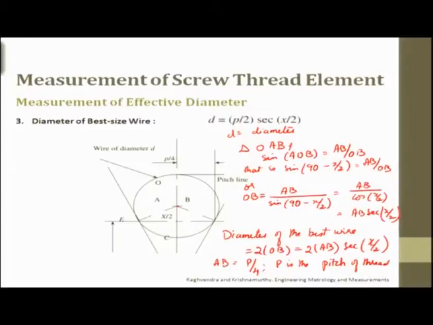So, finally, what we get is D, which is nothing but P by 2 into secant x by 2. This is the relationship we have written earlier. Okay. This is the diameter of the best wire method. You try to get the diameter. Fine.